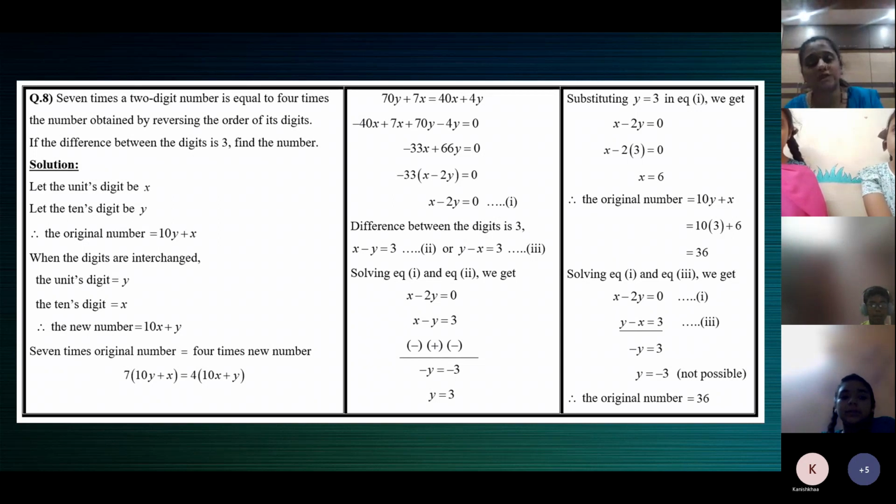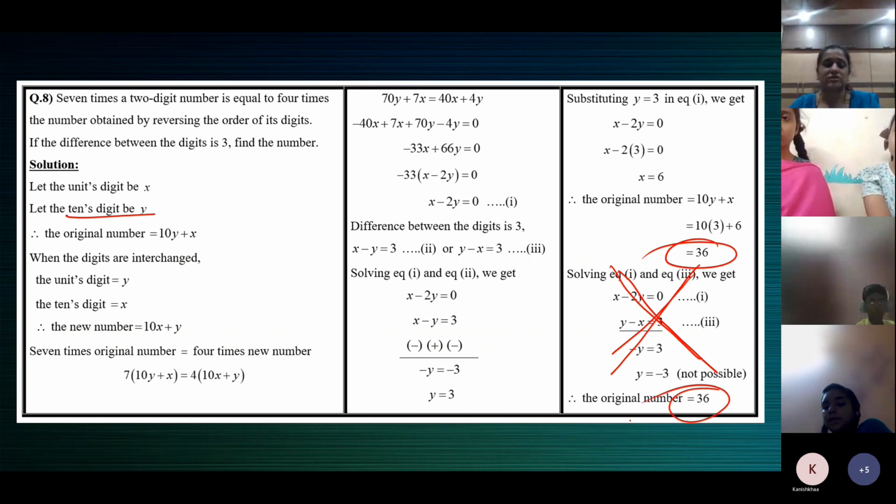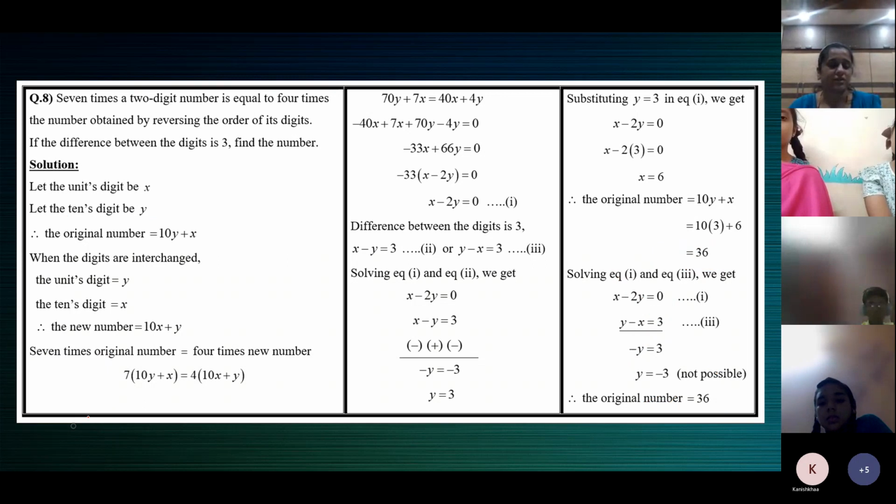So y is equal to minus 3, the tens digit is negative. No, it cannot be. So ignore this. Don't strike it out, I'm just telling you to ignore this. So the original number is 36. Only one answer.